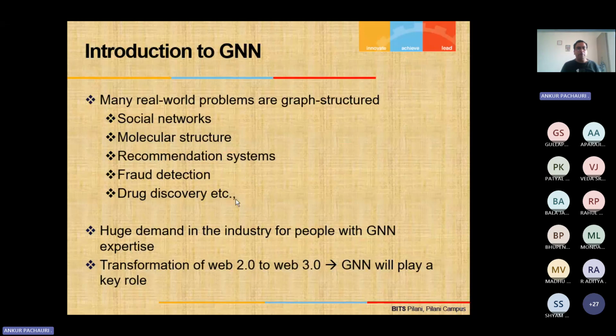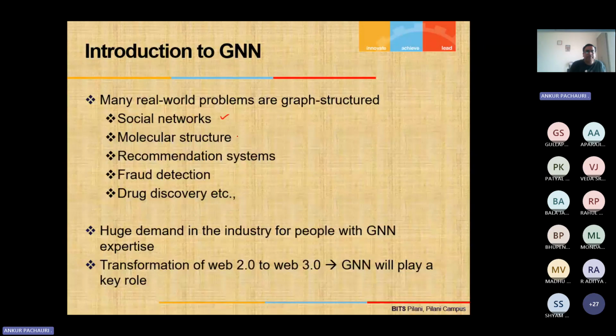There are many real-world problems that are typically structured in the form of a graph. For example, a social network. If you try to visualize it in a way other than a graph, it will be difficult, because its natural visualization is based on the graph only.